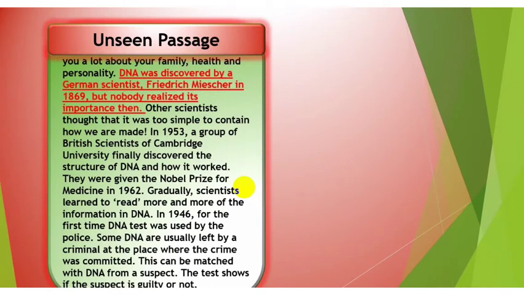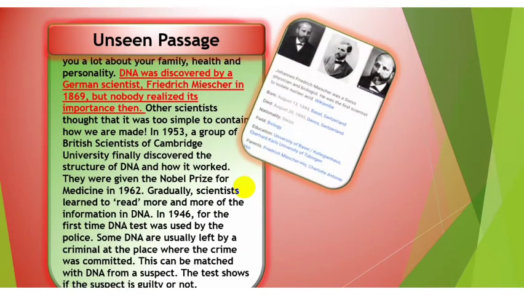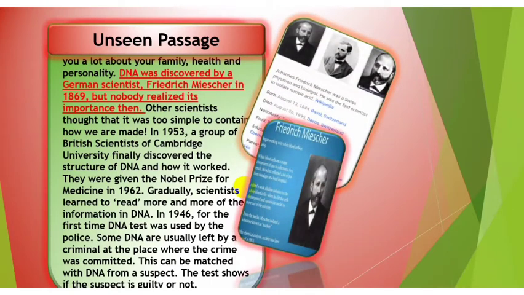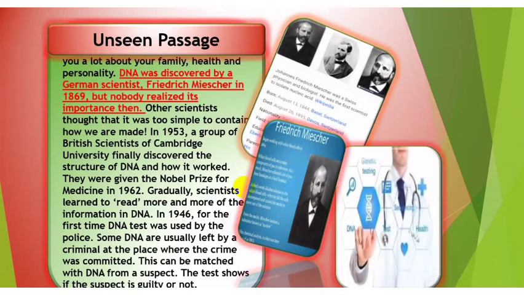DNA was discovered by a German scientist, Friedrich Meyer, in 1869, but nobody realized its importance then. Please, dear students, mark this line for memorizing the information. You will get this type of information in information transfer, including question number 4.